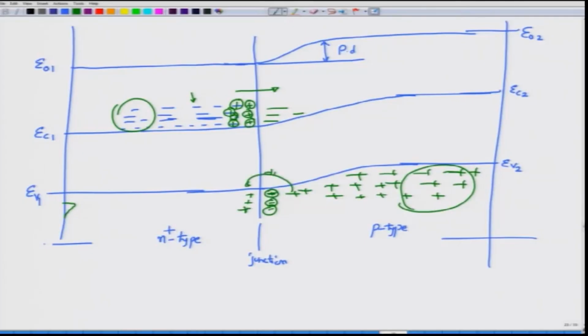This initial diffusion has created some excess holes in the n type material, and similarly there will be some excess free electrons here, also created because of the initial movement in the form of diffusion. The difference between these two, or the potential difference, will be E V D, where V D is the junction potential, and this is the basic p n junction.